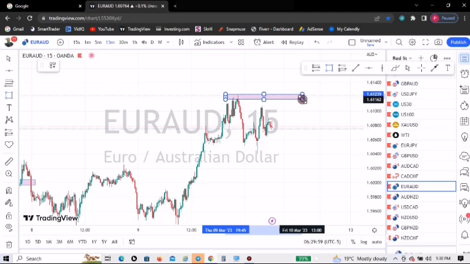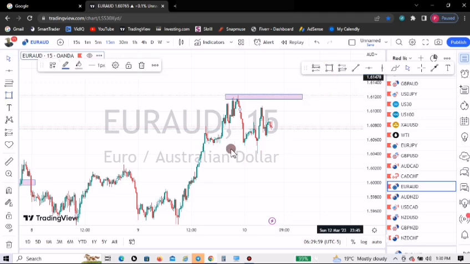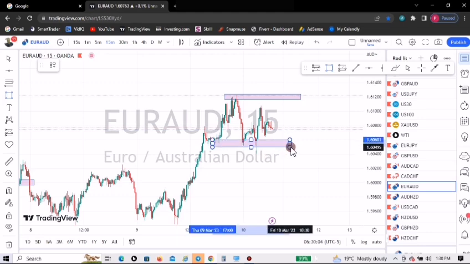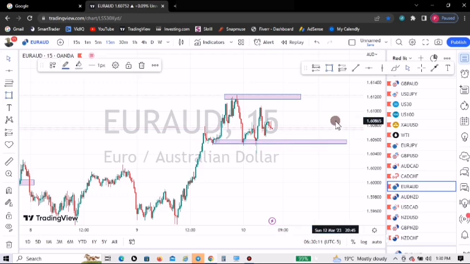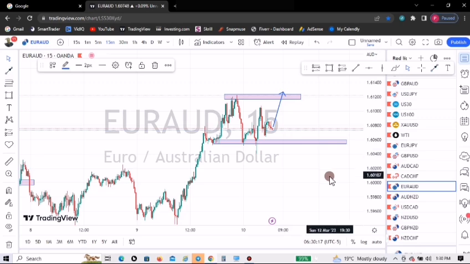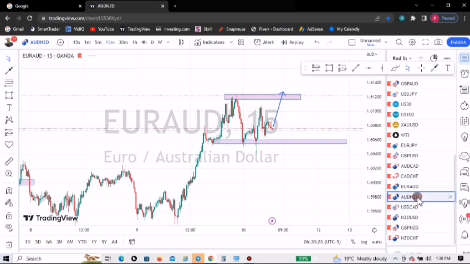This was the highest point, and that highest point began right there. I'll wait for price to close above this key level for me to buy. Let me check AUDNZD.